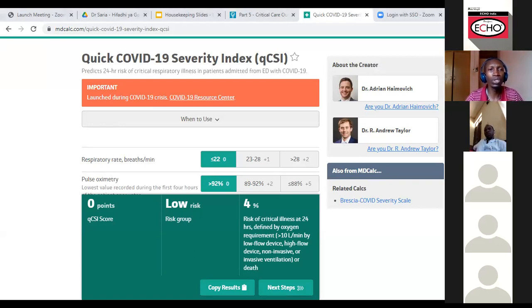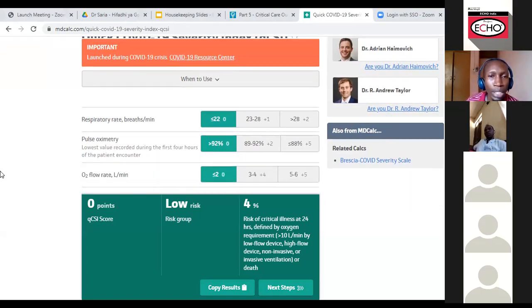Also, it uses 3 parameters, just like the quick SOFA, but they are different. One of them is the respiratory rate, but the other 2 parameters are a little different. Pulse oximetry, that means oxygen saturation by pulse oximetry, the levels which I've seen when Dr. Rebecca was discussing with us, are given here in different levels, numbers and scores.